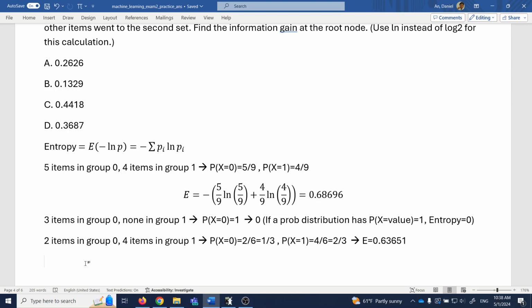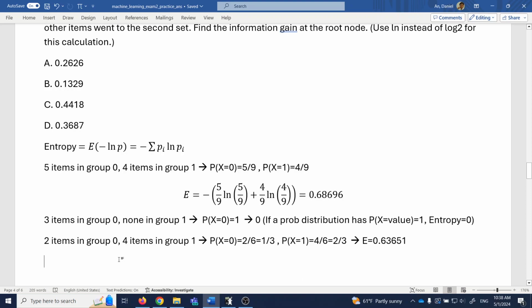This is the same thing as the probability of being in the first set and 0. Because the entropy is the average of negative ln of p, you just have to take the average of averages again to get the ultimate average.